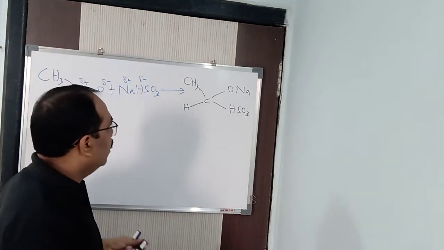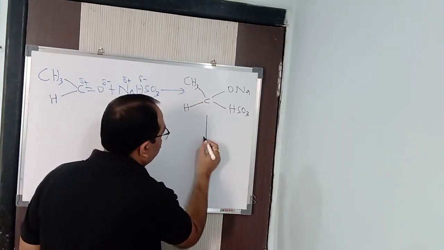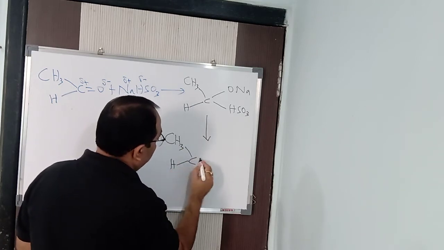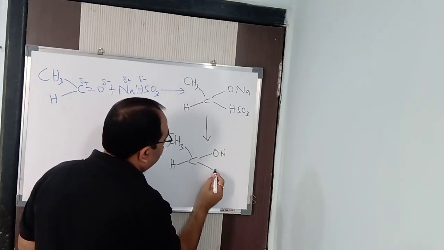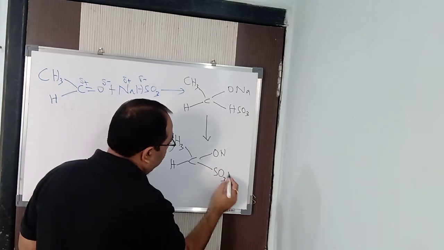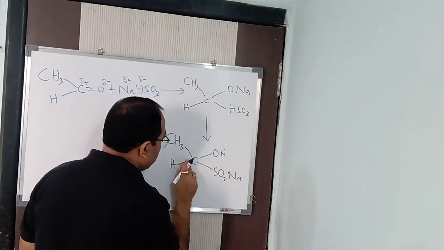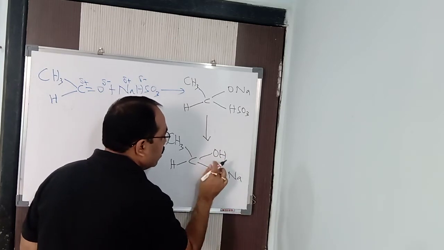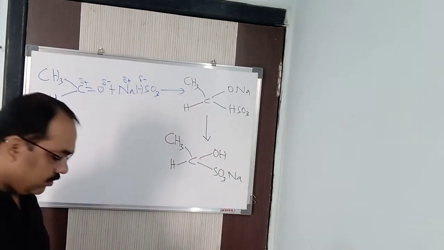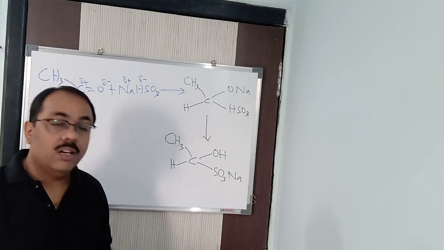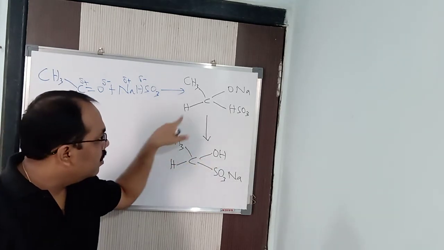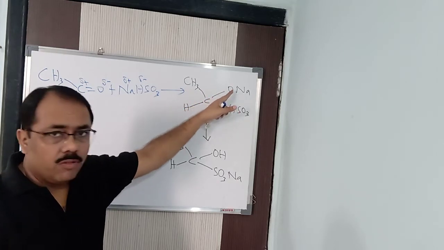So the rearrangement takes place, and we get CH3CH with OH and SO3Na. You have seen it in the mechanism, where hydrogen goes with oxygen.